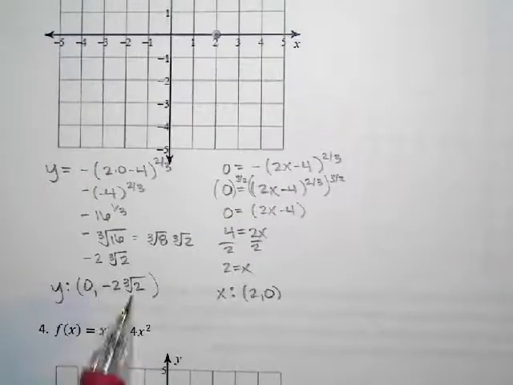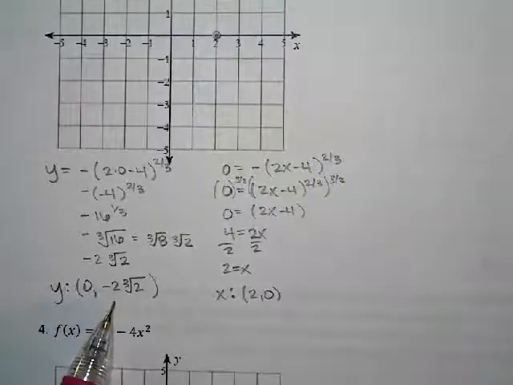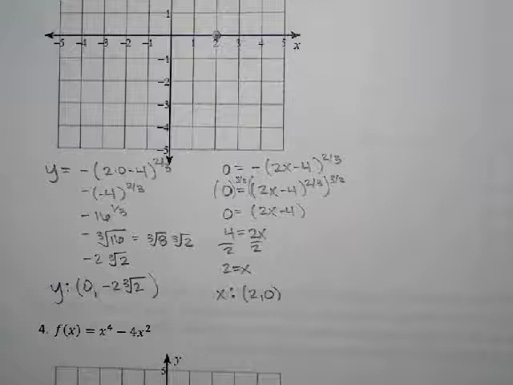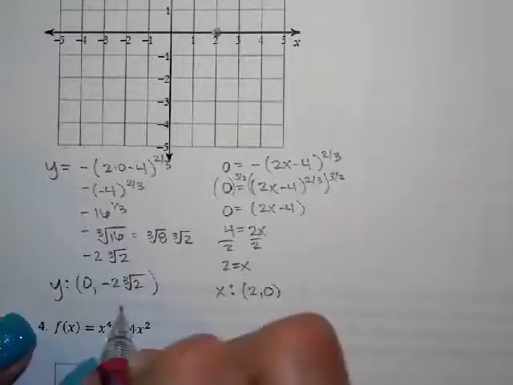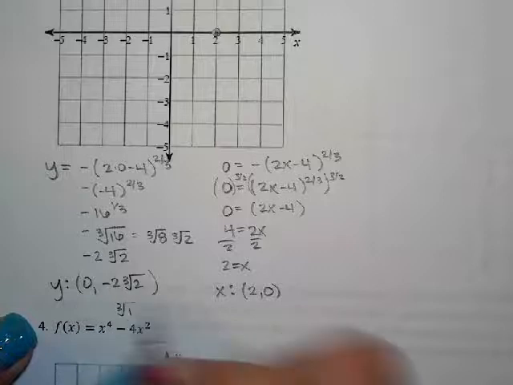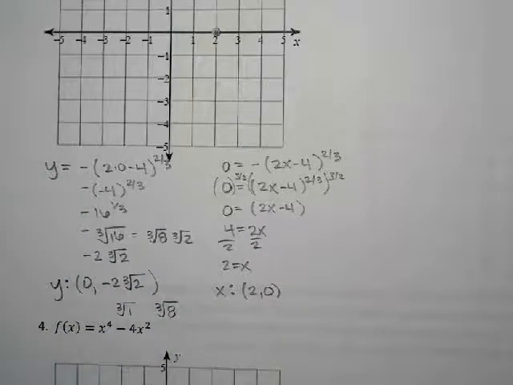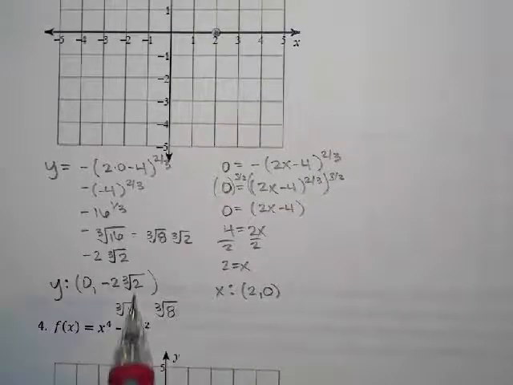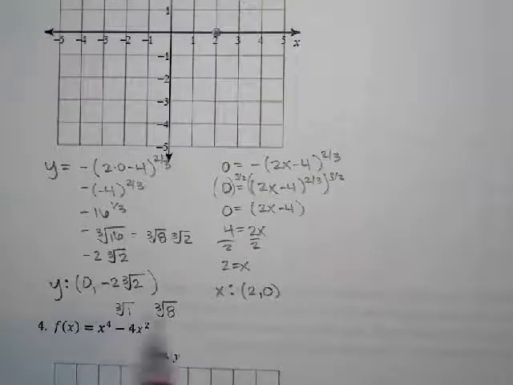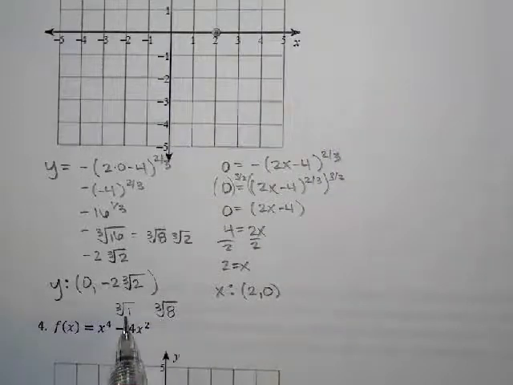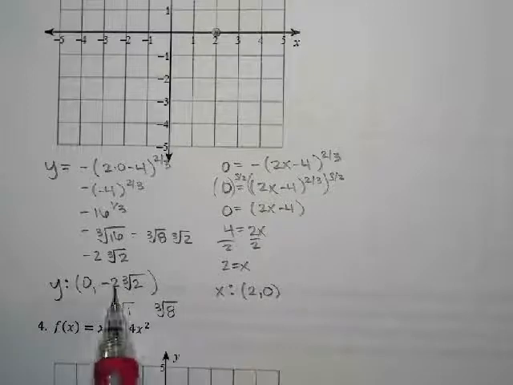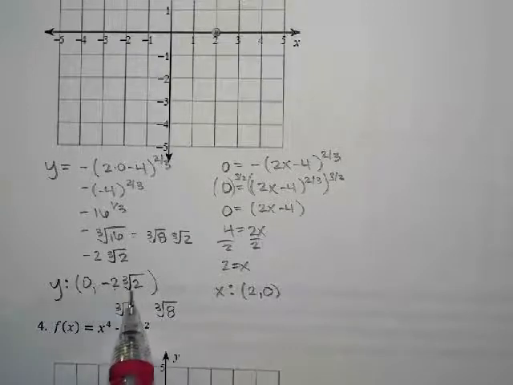Okay, let's figure out how to graph this. So the cube root of 1 is 1. The cube root of 8 is 2. So the cube root of 2 is somewhere between the cube root of 1 and the cube root of 8. It's much closer to the cube root of 1. So this is pretty close to negative 2 times 1.